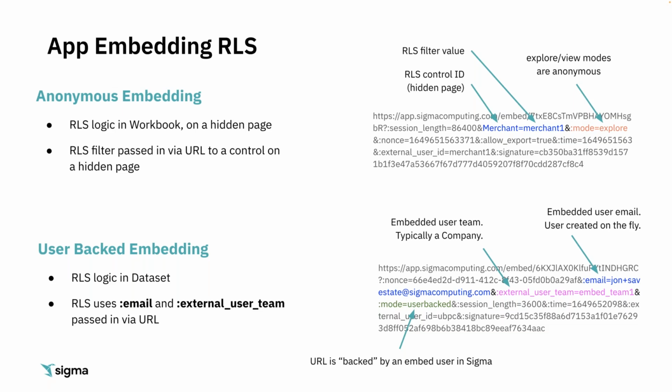So with anonymous embedding, the reason why we call it anonymous is Sigma doesn't know who it is. We don't have any idea of the email or team. That being said, we can still achieve the same type of row level security. So in this example up top, I have merchant equals merchant one. This is how we're doing row level security for anonymous embedding, we're passing in filter values.